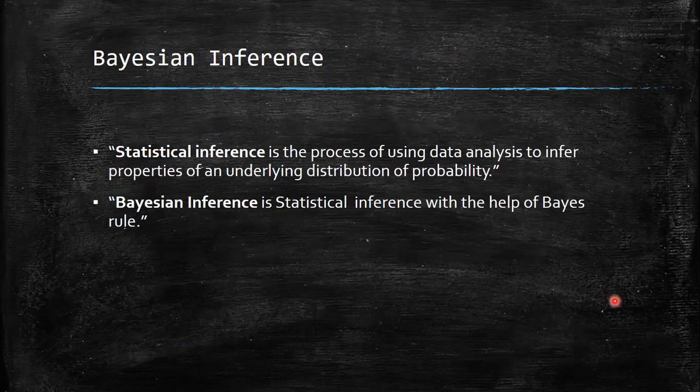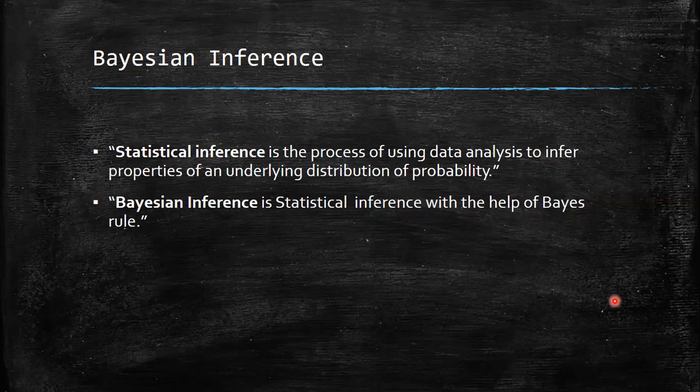Okay, so let's see the formal definition of Bayesian inference. Let's define statistical inference first. This is a process of using data analysis to infer properties of an underlying probability distribution. So we are using data analysis to understand properties of a distribution, like the mean or the variance and so on.